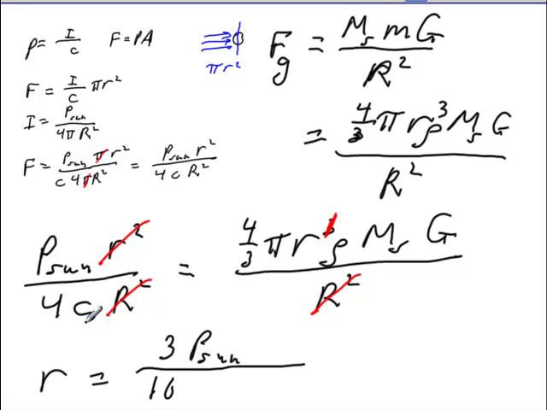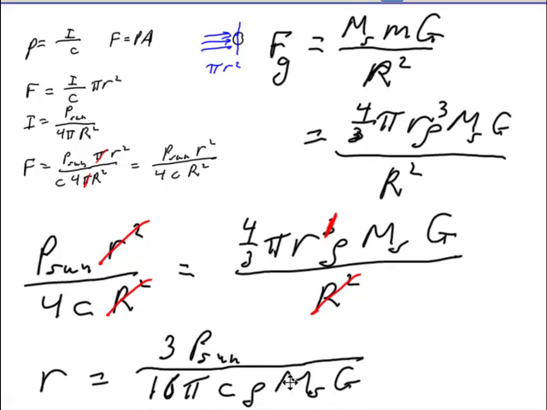That's going to be 16. The pi goes over there. C stays. Density goes over. Mass of the sun goes over. And the universal gravitational constant goes over. That will be the radius at which the force of the radiation pushing on the dust matches the force of gravity.